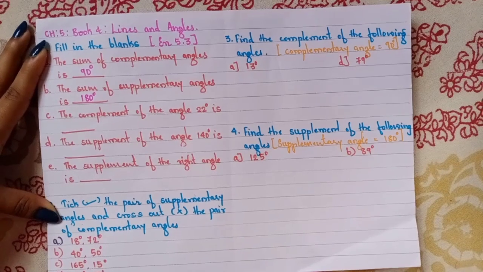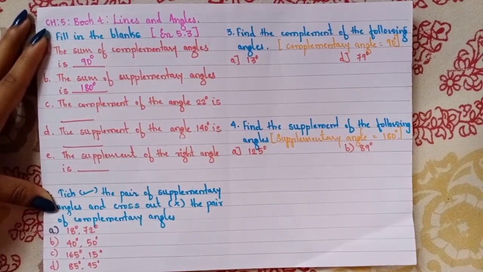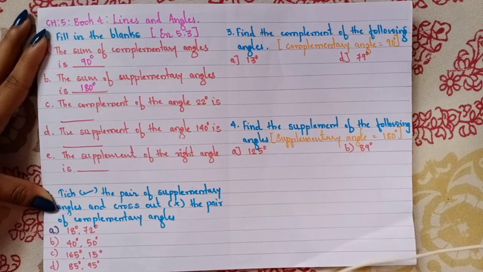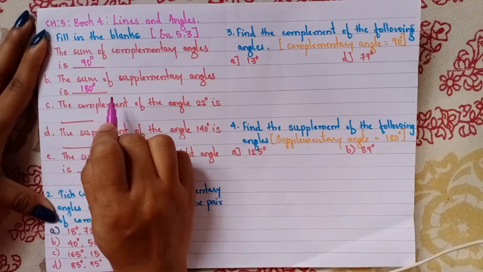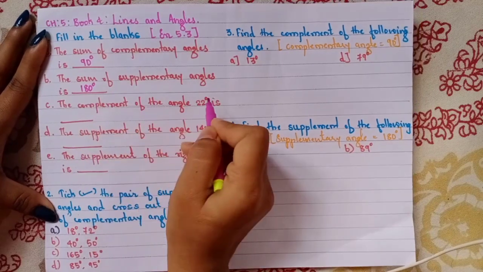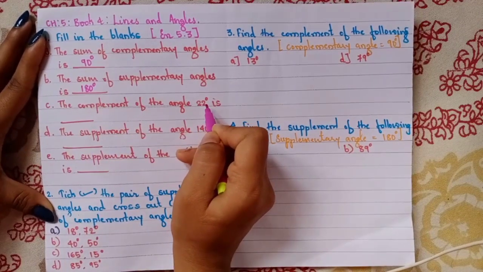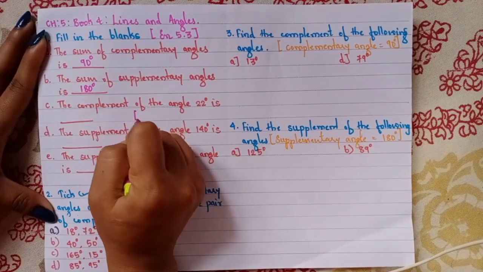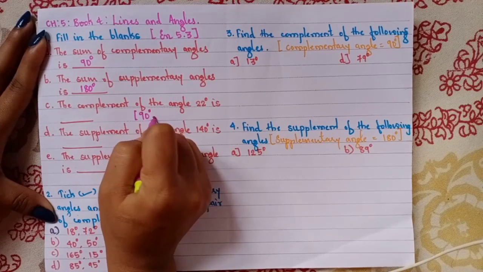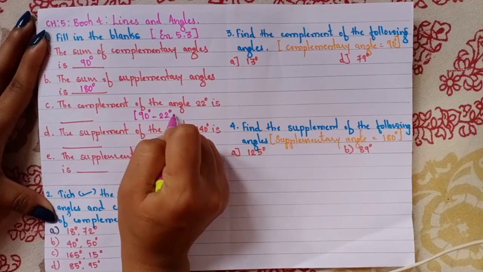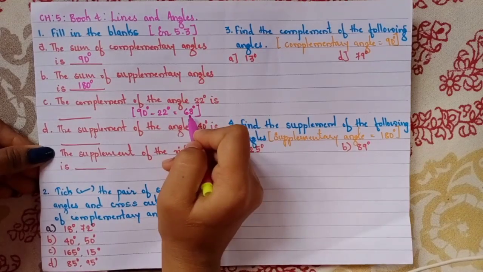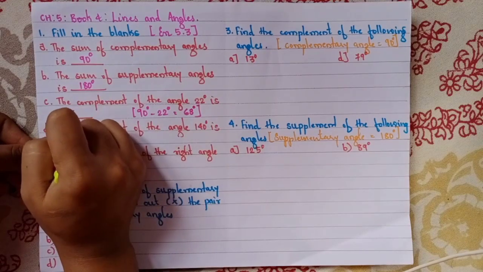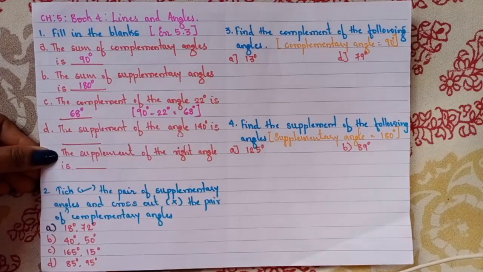Based on whatever we have seen, the complement of angle 22 degrees is, complementary angle means it should make 90 degrees, and here 22 degrees is already given. So from 90 degrees we have to subtract 22 degrees. What answer will we get? We will get 68 degrees. Therefore we have to write 68 degrees here.